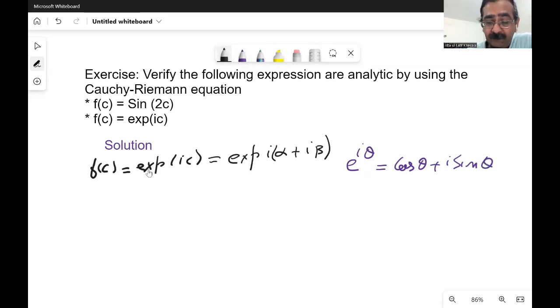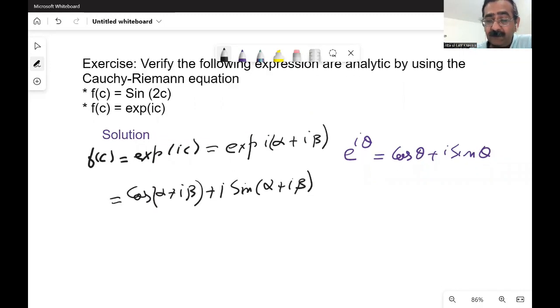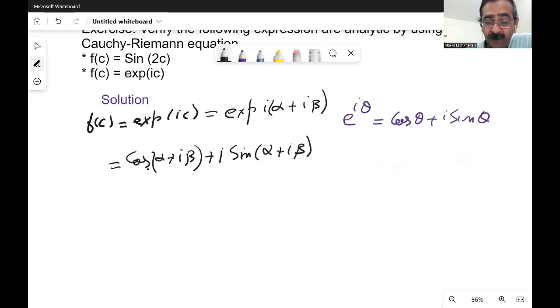So this will be equal to cos(alpha plus i beta) plus i sin(alpha plus i beta). Yes, and the product formula will be applied.